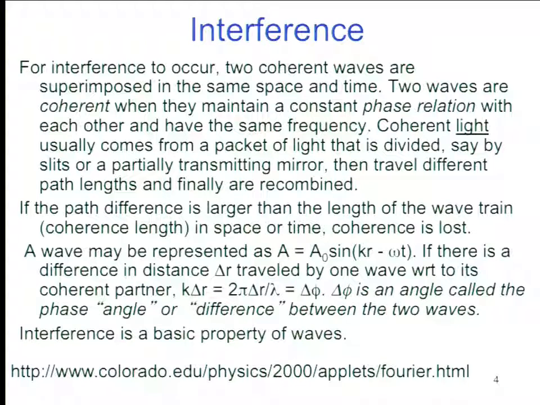See, that's 1. So you get an extra 2 pi. So you get an extra sine of 2 pi. Sine of 2 pi is back to what the original was. You've just gone through one cycle.